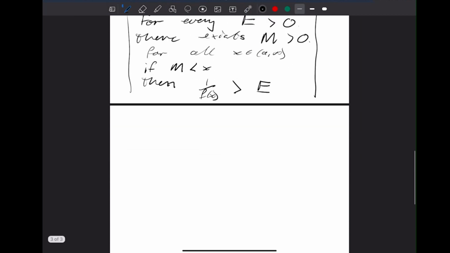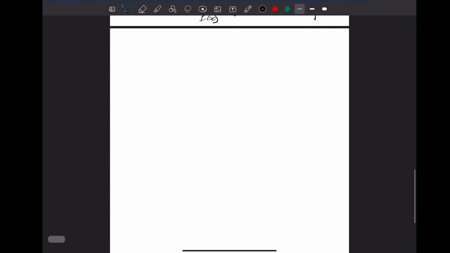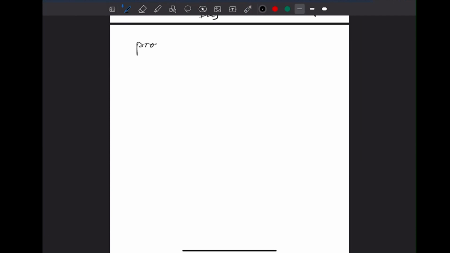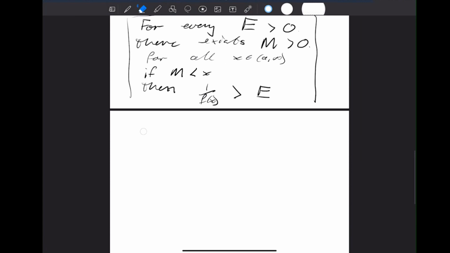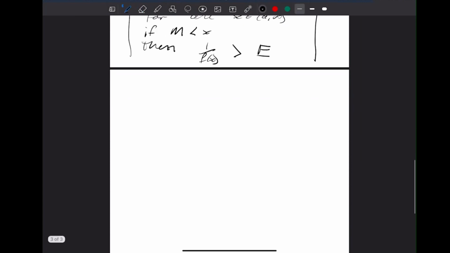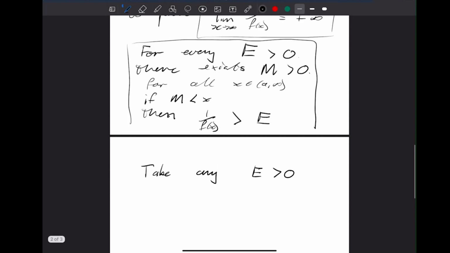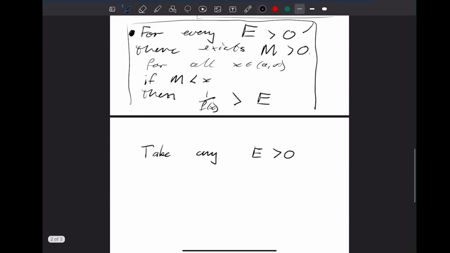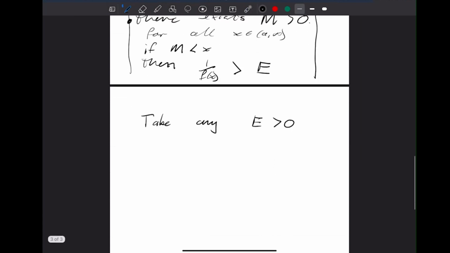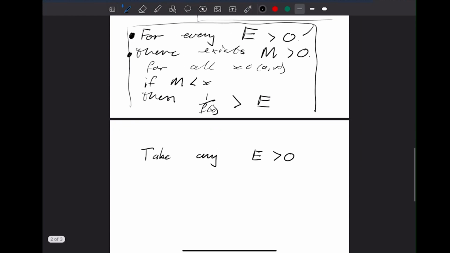Okay, so let us first write out our proof outline. So here we will now write our proof of the statement that we have to prove. So let us take any big E. So what we're doing is we're going down the statement that we have to prove, and we are structuring our proof.